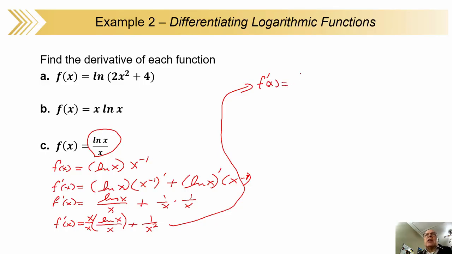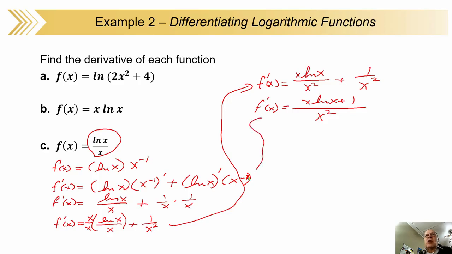So the first one, you would now have x natural logarithm of x on the top, x squared on the bottom, plus that 1 over x squared we already had. So you could write your derivative as x natural logarithm of x plus 1 over x squared. Your choice. Which one do you think looks nicer?